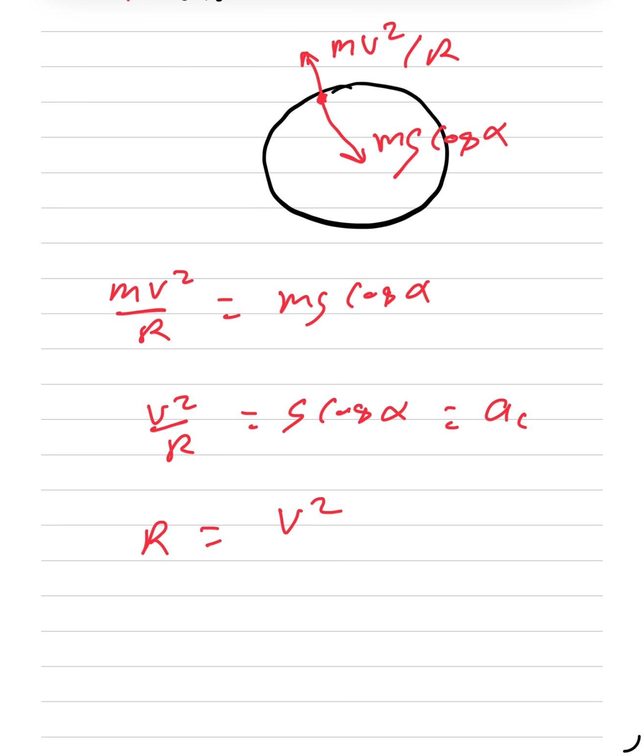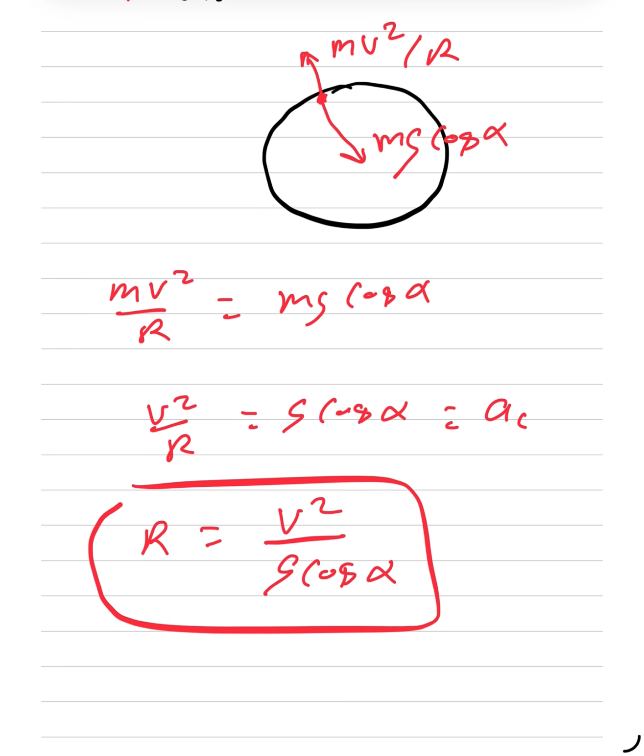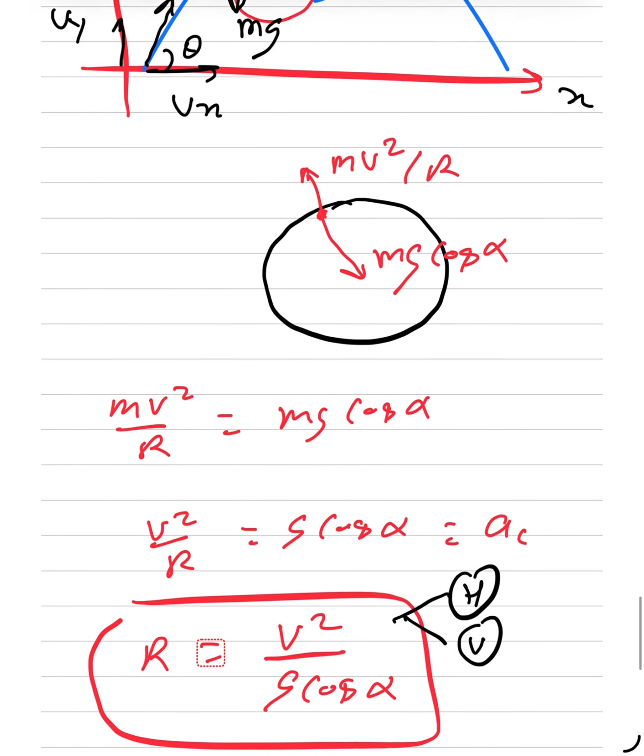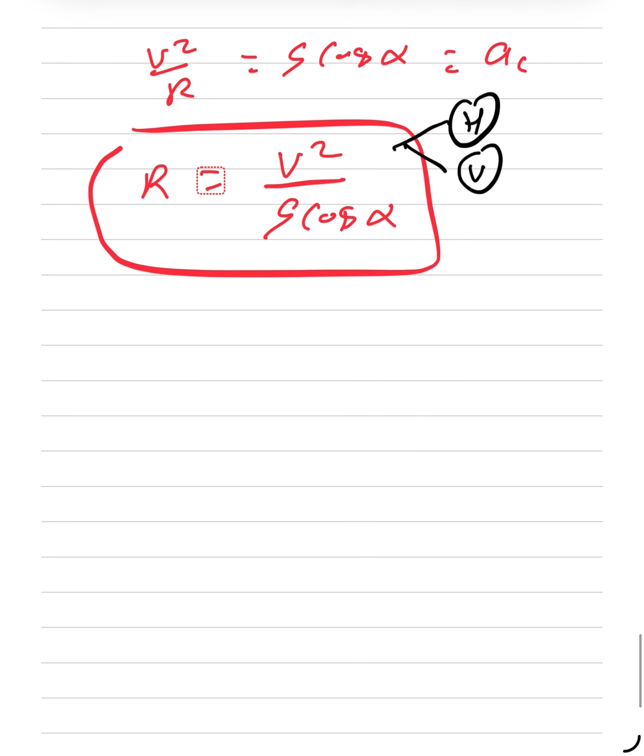Using centripetal acceleration v square divided by r, r equals v square divided by g cos alpha, where v includes both the horizontal and vertical components.